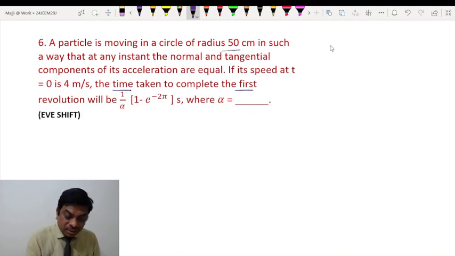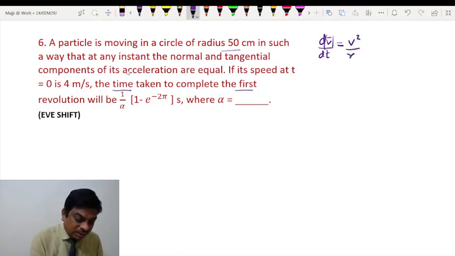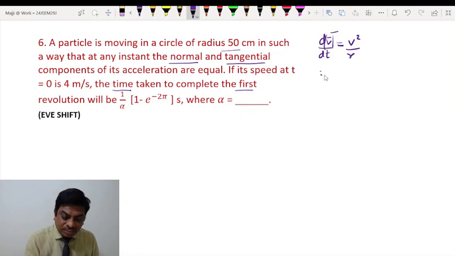So given, now we know that the tangential acceleration is the rate of change of speed and centripetal acceleration is v square by r. So both are same as per the question. Normal acceleration means centripetal acceleration and tangential acceleration is this.